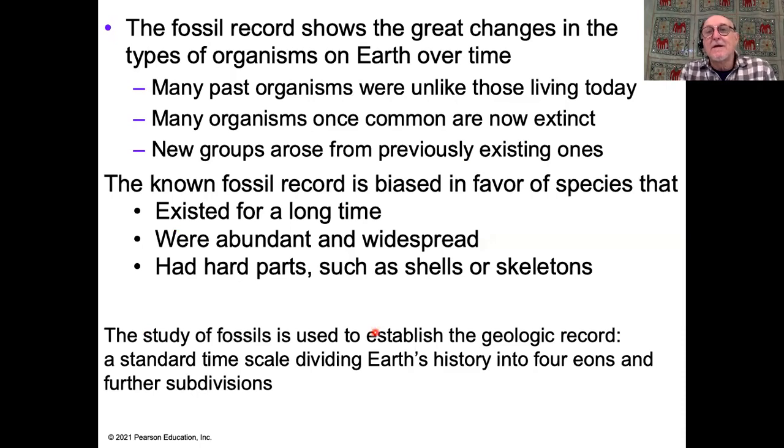So there are some problems with this fossil record. It gives us a tremendous amount of information. First of all, we know that past organisms were very often very different to those living today, although if we look at the fossil record carefully, we can see relationships between them.